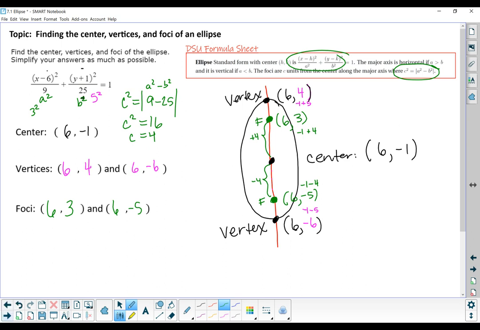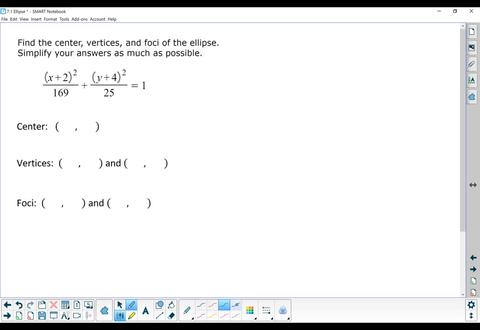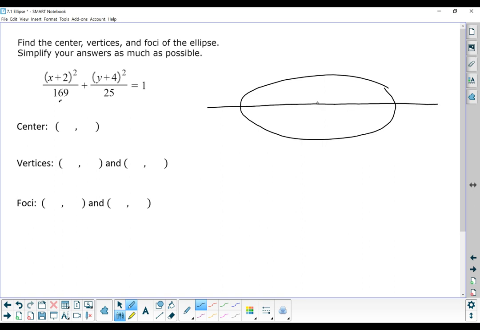I want to try a horizontal one just because sometimes people get confused. So for this one, you can see this larger number is in the x direction. So we've got this sort of ellipse. Pardon my ugly drawing. Our major axis is in this direction. Our center right here is at negative 2, negative 4.